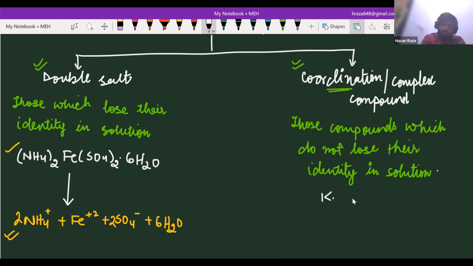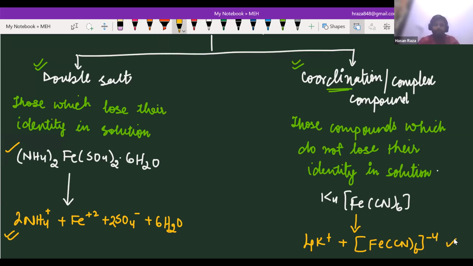For example, K4[Fe(CN)6]. If you dissolve this in solution, it will be converted into 4K+ and [Fe(CN)6]4-. The groups present in the square bracket will not be dissociated. The square bracket remains as it is, so it doesn't lose its identity.